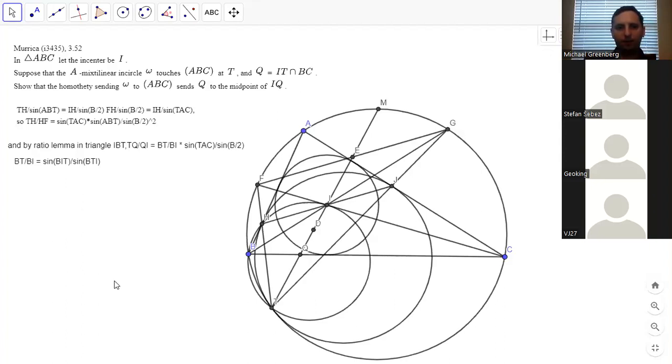And yes, so how do you calculate that BT over BI? Yeah, it might not be hard because T is like a well-known point. I'm just not sure at this moment.